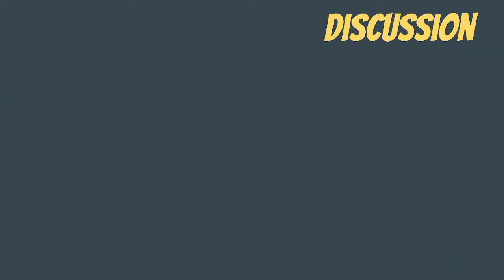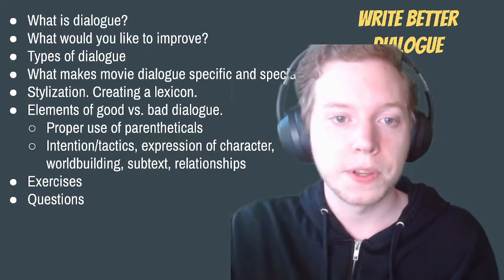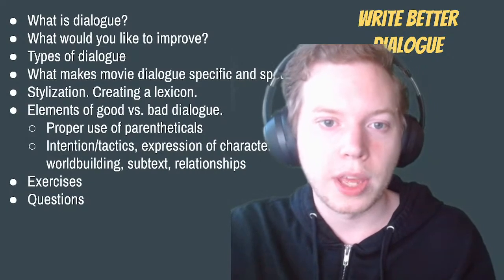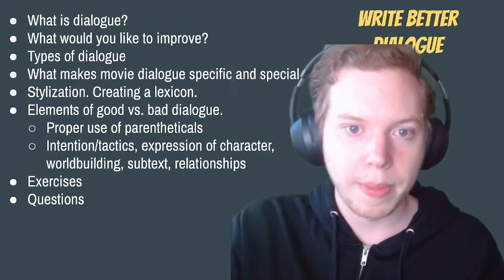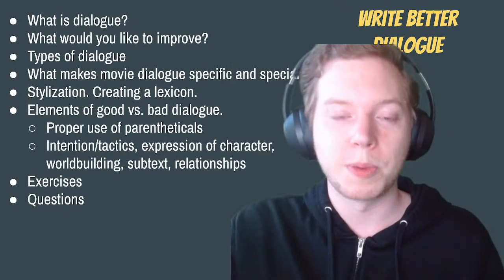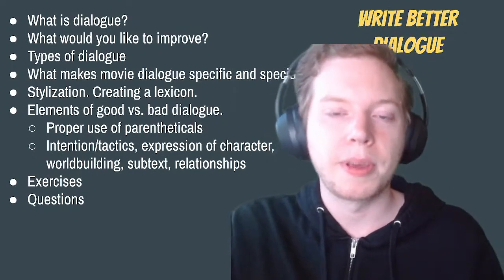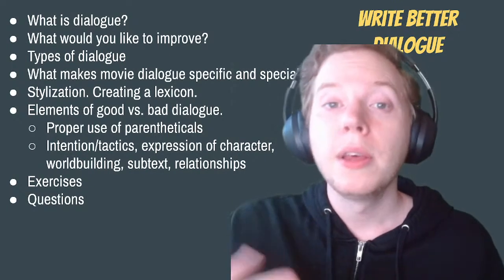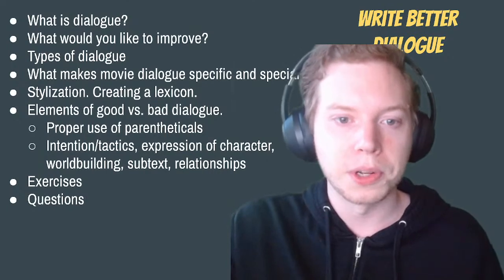So here's just an overview of the class today. This doesn't even include everything because there are so many slides in this one. We'll share the slides with you so you can review them later on your own. We're basically going to be looking at different types of dialogue, what makes movie dialogue really work, and what makes it specific and special and different from both real-life speech and speech in plays and books. We can look at stylization and maybe creating a specific lexicon to help in your world building and to manufacture that sense of specificity in your world.